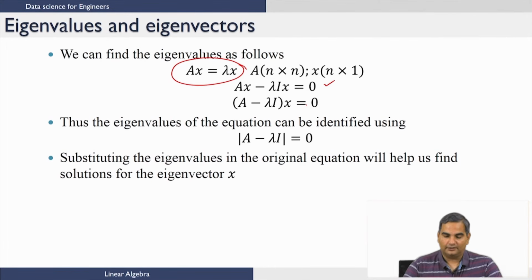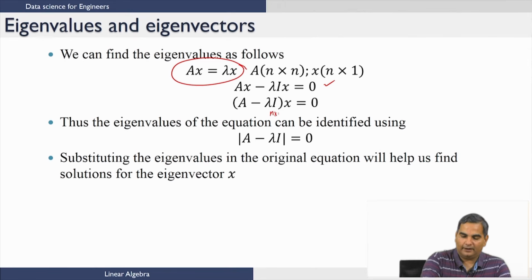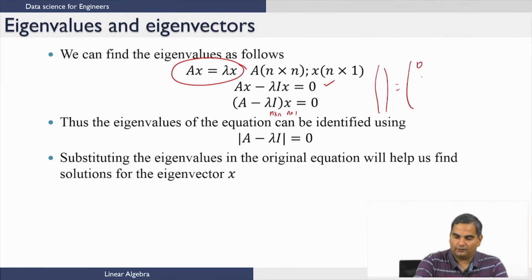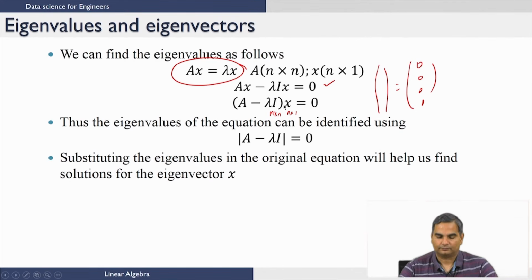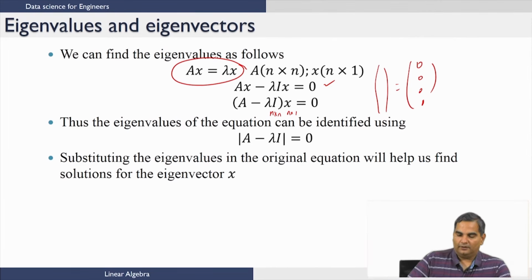Now, notice that this is basically a vector equation, because this is n by n and x is n by 1, so I have n by 1 on the left hand side. I have a vector here and I want zeros here. So, I want to find an x such that this is true. Now, we have everything that we need to solve this equation.